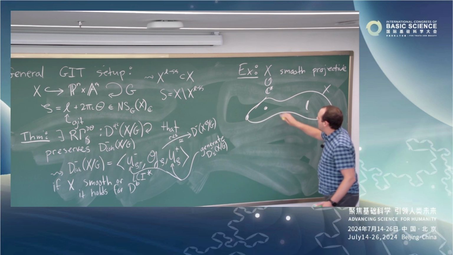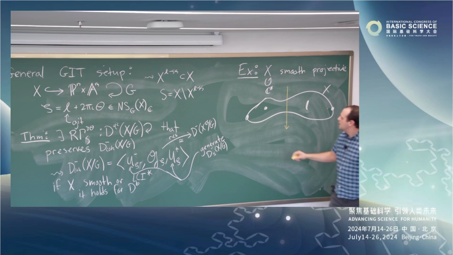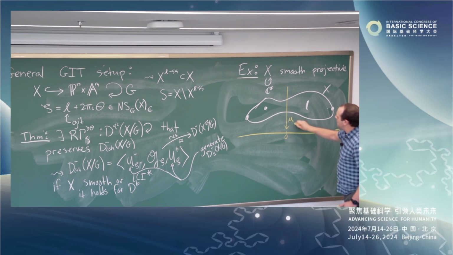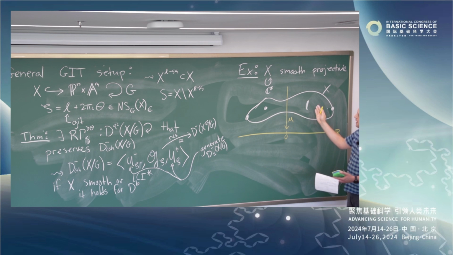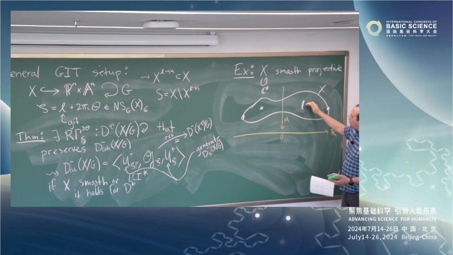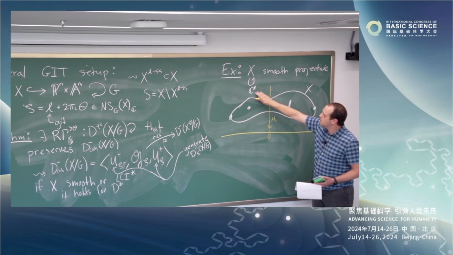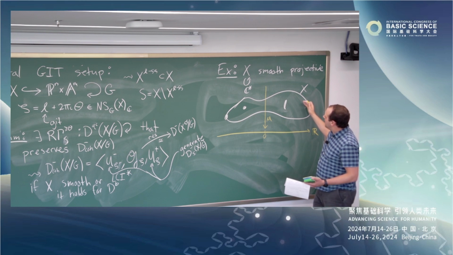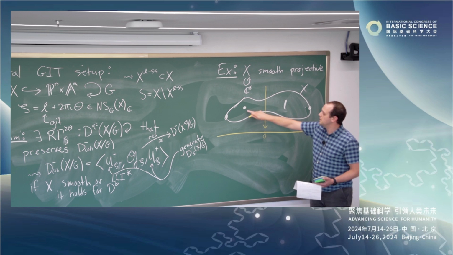And there is a moment map for the S1 action that maps to R. This is called the moment map. And basically, what GIT says is that for each of these fixed loci, I can consider the stuff that's attracted as t goes to 0 by the tautological one-parameter subgroup or its opposite. Another way to say it is the ascending manifold from this fixed locus or the descending manifold.